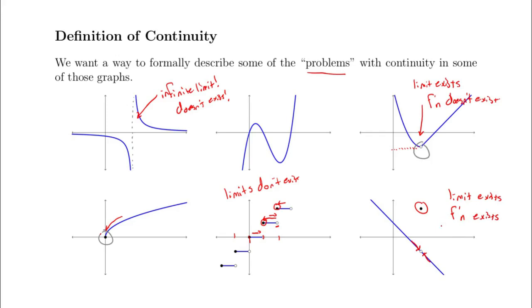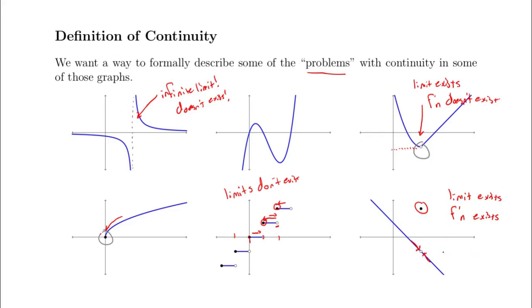What's the problem? Well, sometimes people will say, like, the point's not where it's supposed to be. Right? There's a jump here. Sometimes students will say that. Or sometimes students will say there's a gap. Or, I don't know, there's other words that people will talk about here. We call this a removable discontinuity because literally it looks like the point was plucked off of the line and put somewhere else.